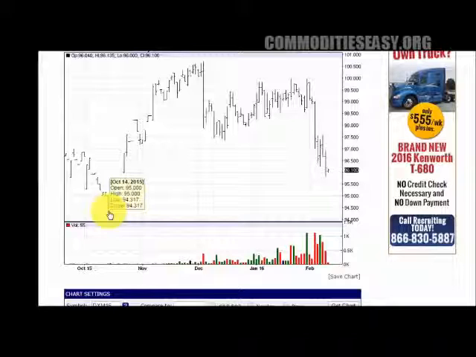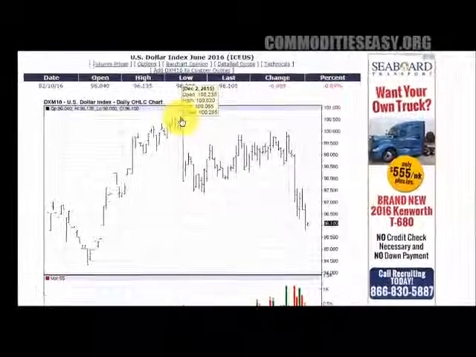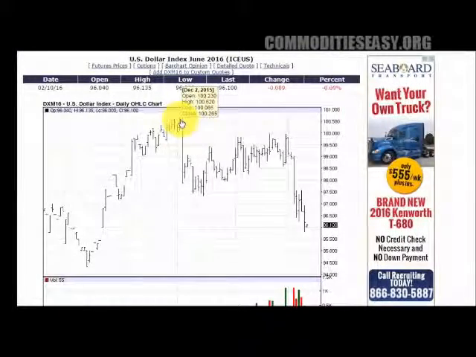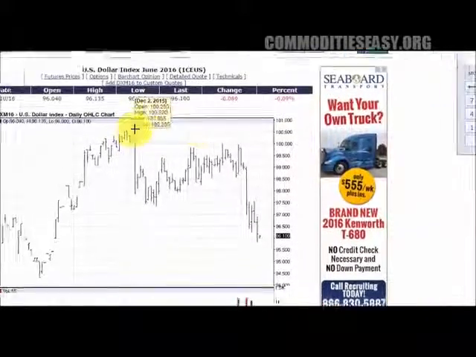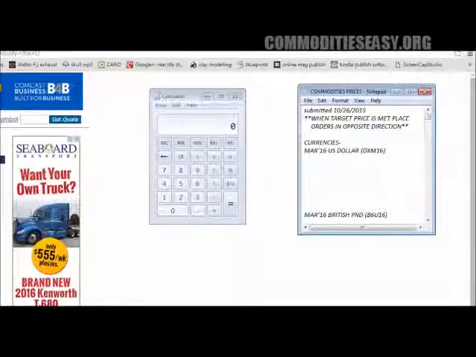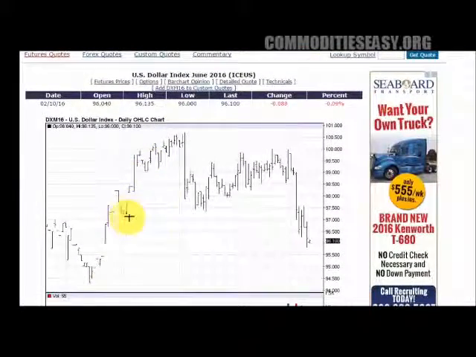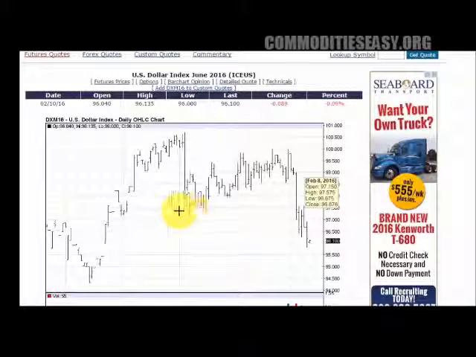So what we're going to establish now is a 50% retracement, meaning we're going to take the low of this position, and the high number of this position, which is 100, enter it into the calculator, and divide by 2, and that will give us the 50% mark on this chart.